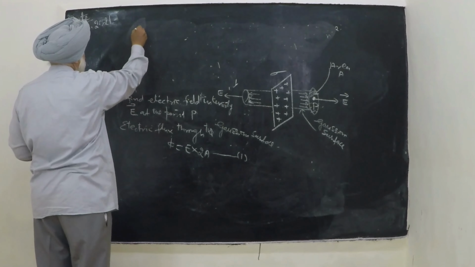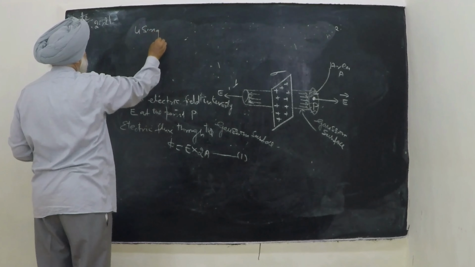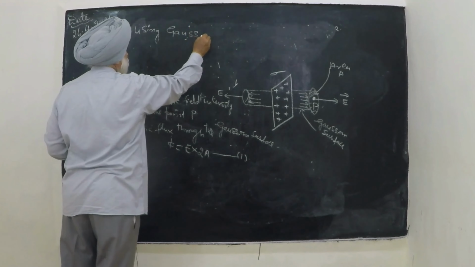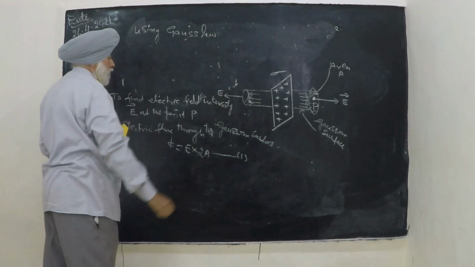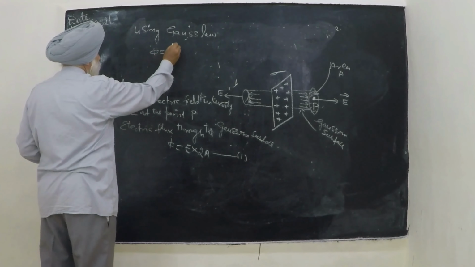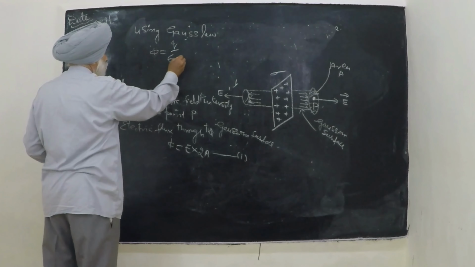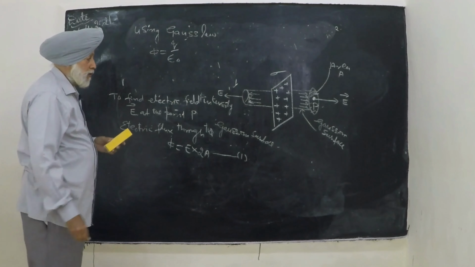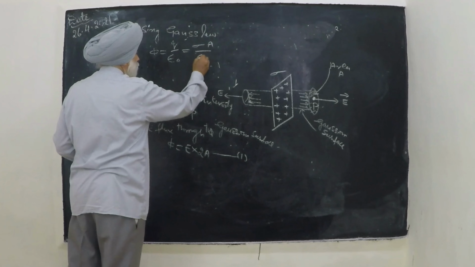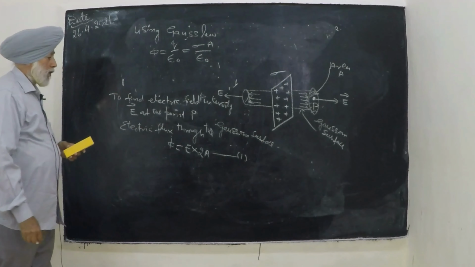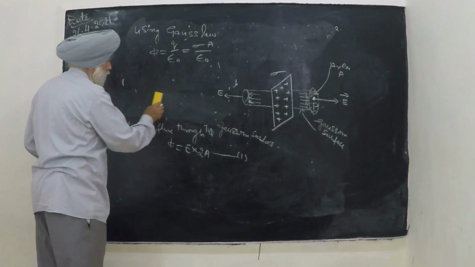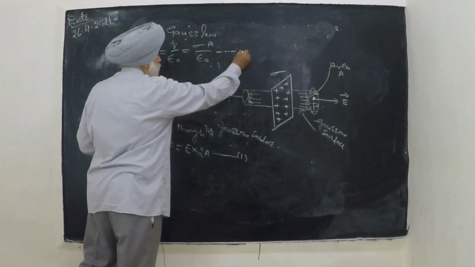So using Gauss's law or Gauss's theorem in electrostatics, phi is equal to Q over epsilon naught. What is Q? Sigma A over epsilon naught.